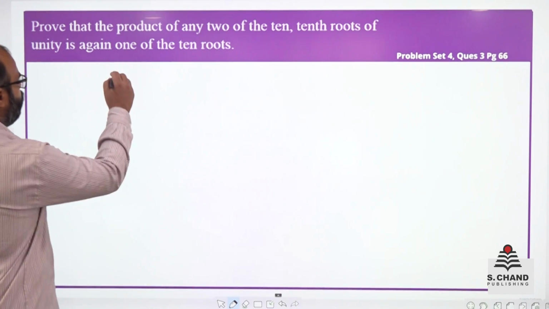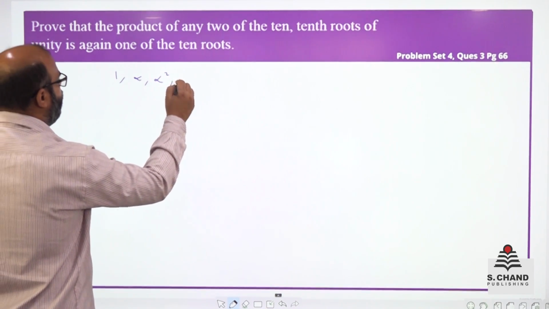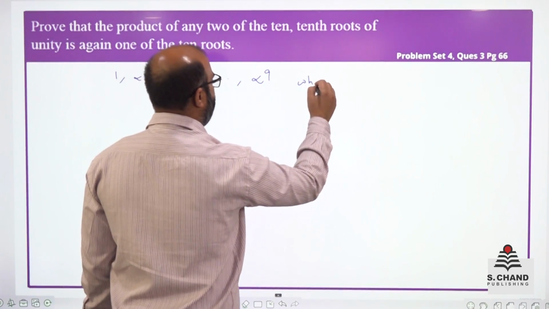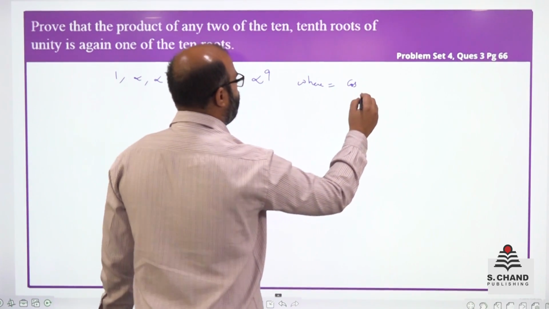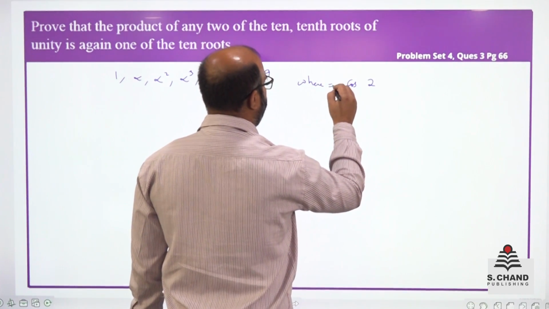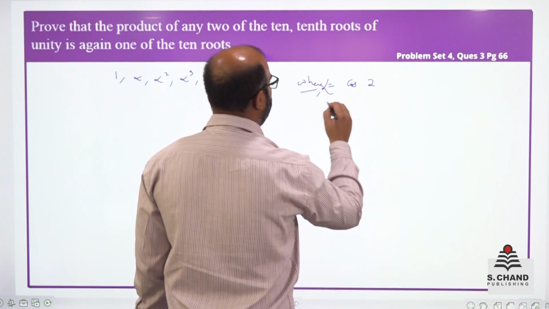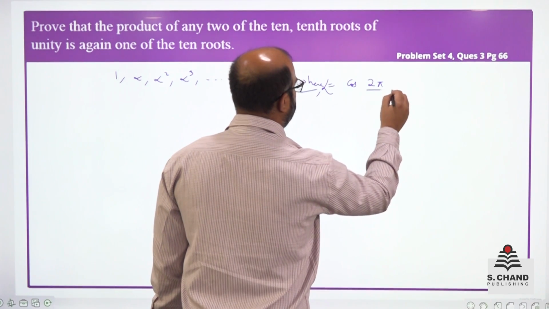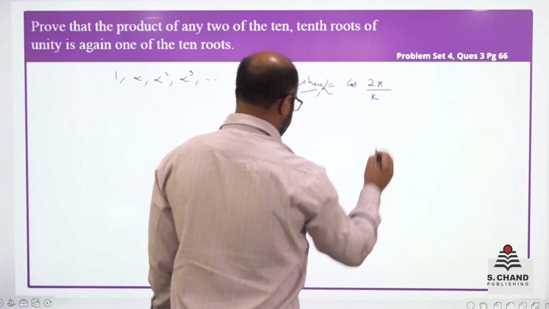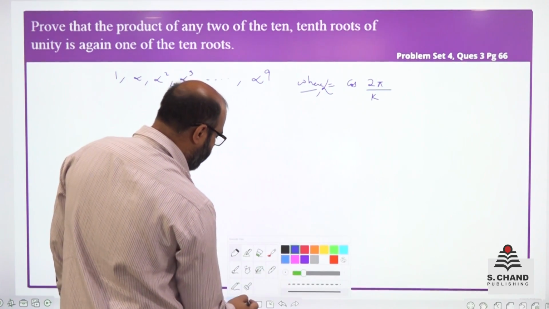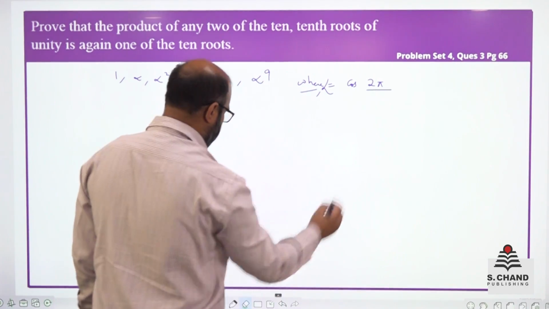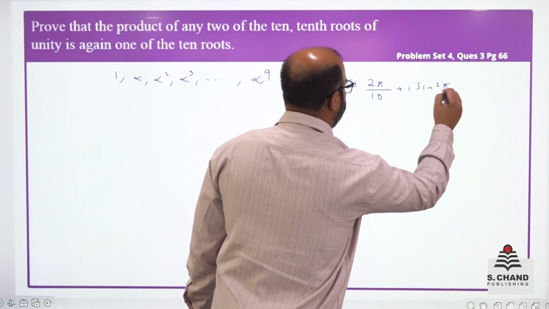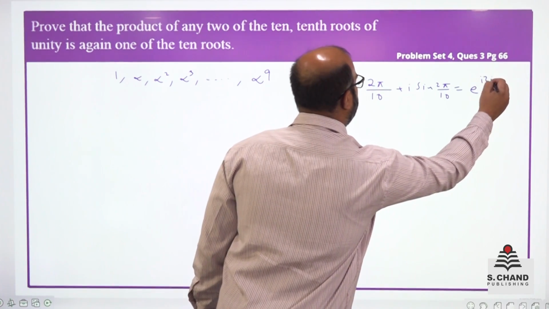So let us suppose the 10 tenth roots of unity are 1, alpha, alpha square, alpha cube till alpha to the power 9, where alpha is cos of 2 pi by 10 plus iota sine 2 pi by 10, because it is the 10th root, or you can also say e to the power i 2 pi by 10.